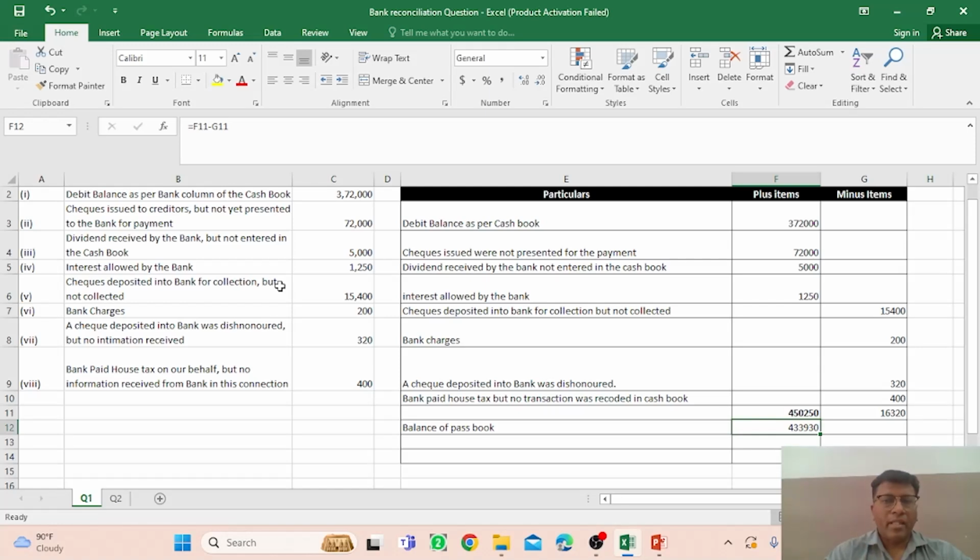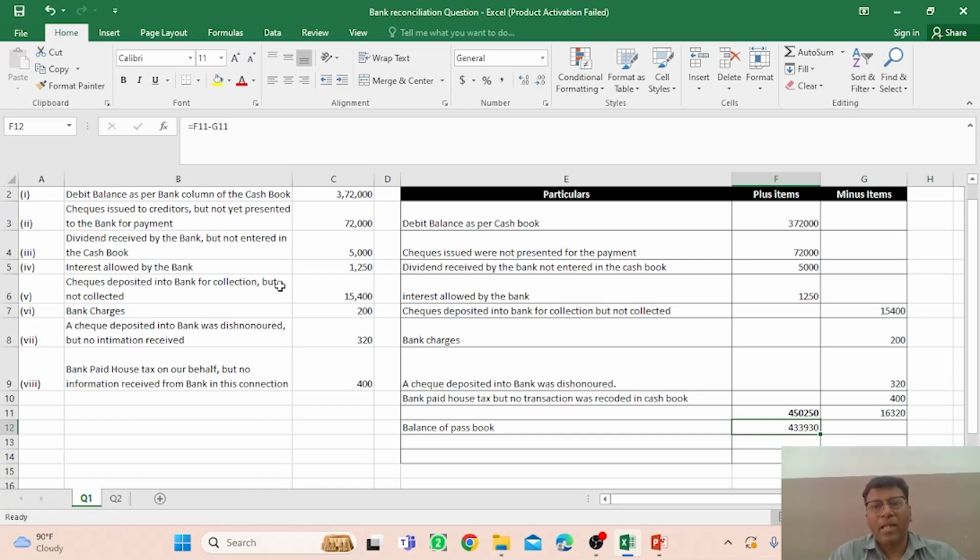So the very first thing is that you should focus on the very first line, that exactly which balance is given to you as per the cash book or passbook. You have to write it in the plus or minus. If the overdraft is given to you, you have to mention it in the minus item. If the balance is given to you, you have to write it in the plus item. But as in this case you see that a debit balance is given to you, so you have to write it in the plus item.